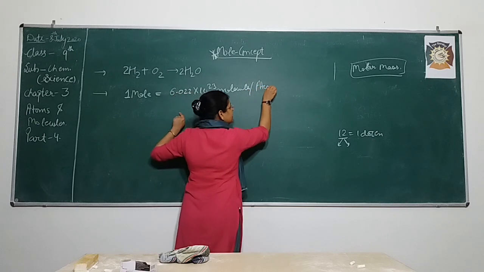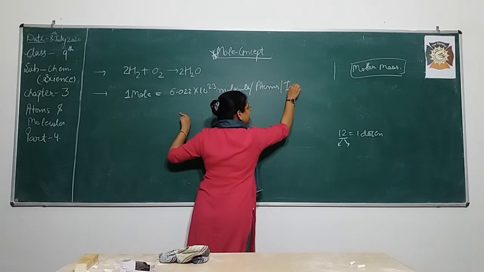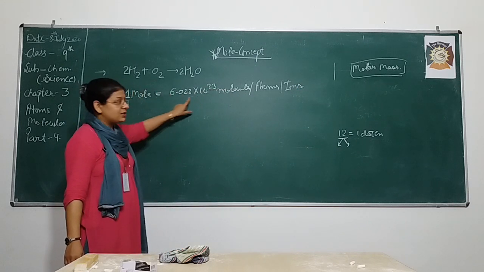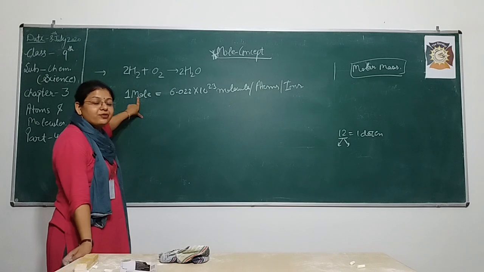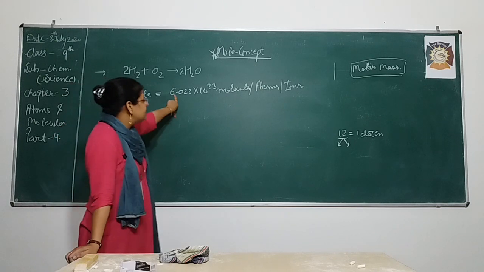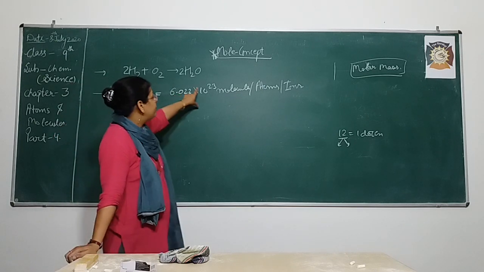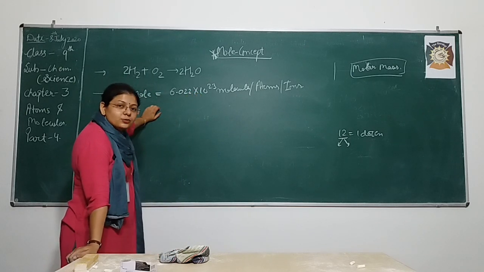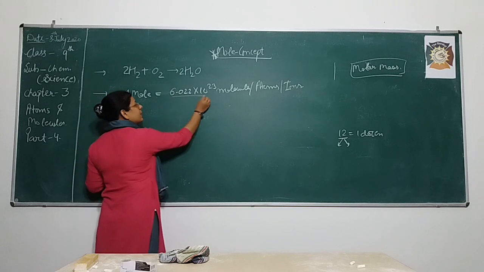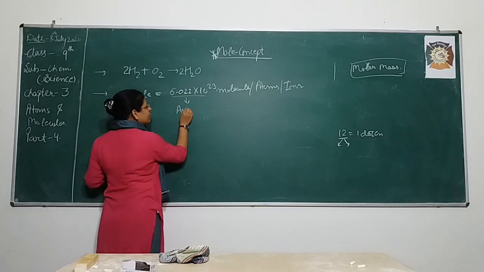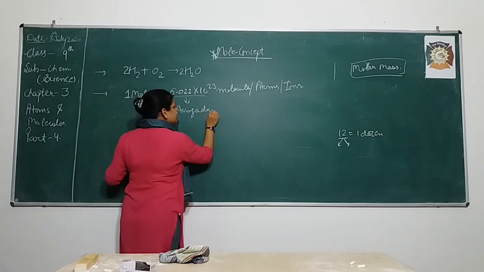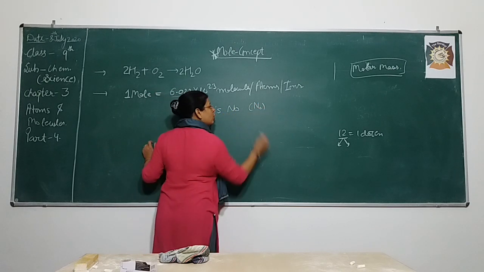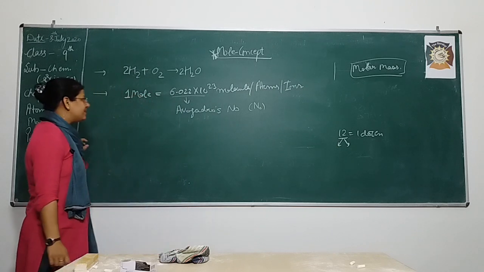They may be molecules, they may be atoms, or they may be ions, they may be anything, but the number is fixed. The first line that you have to remember: 1 mole contains 6.022 into 10 raised to the power 23 molecules or atoms or ions, and this number is known as Avogadro's number, represented by N naught. This is the symbol for its representation.